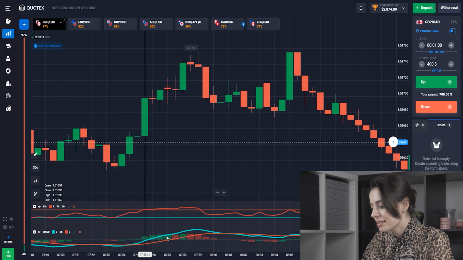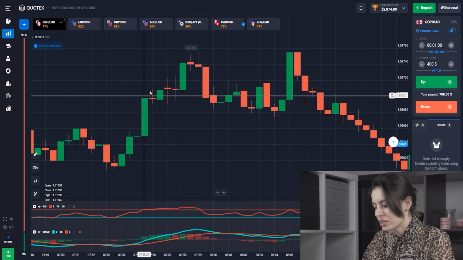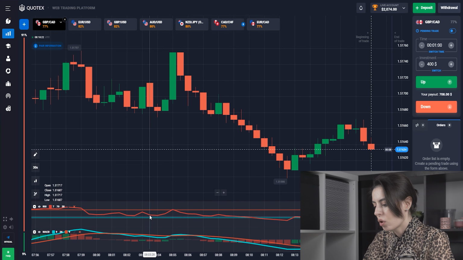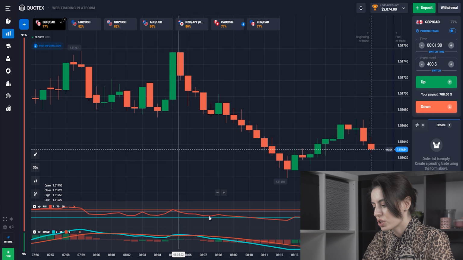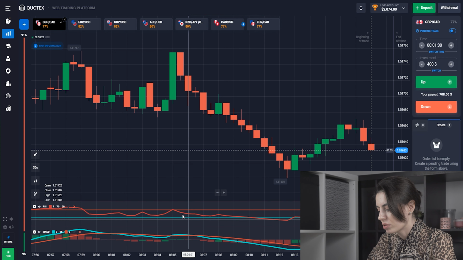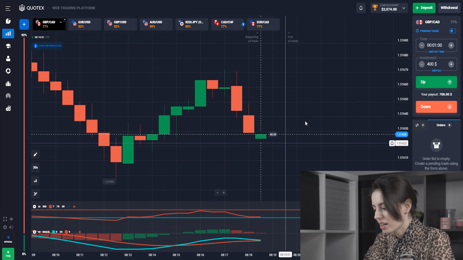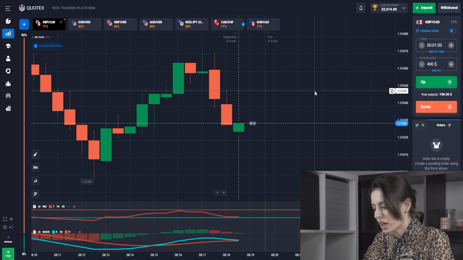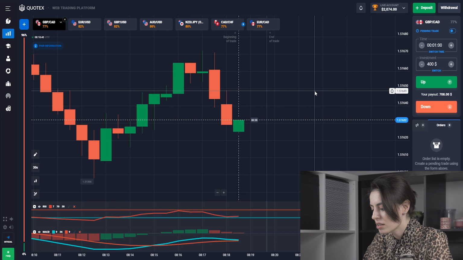Simple, nice, reliable. With the RSI, you may see that it's just following, repeating all the tendencies that you can see on the chart. So this is the momentum of the chart. And with the MACD, we are relying on this blue line, and this blue line shows us what is going on as massive and huge tendencies.